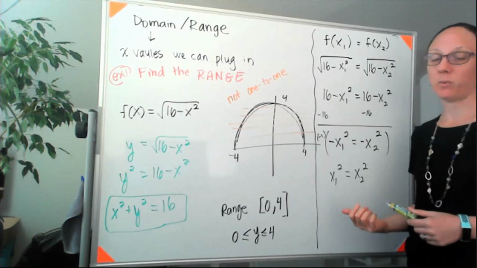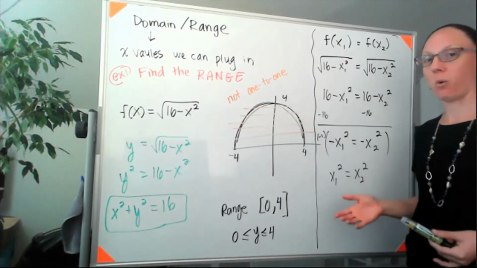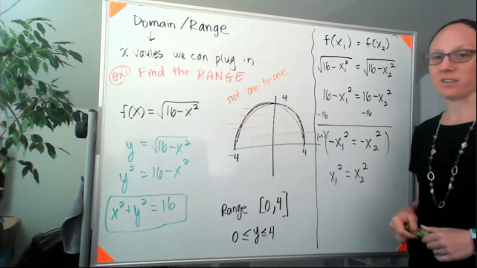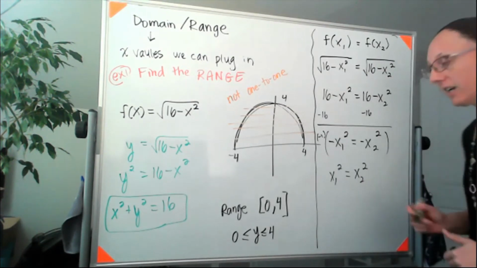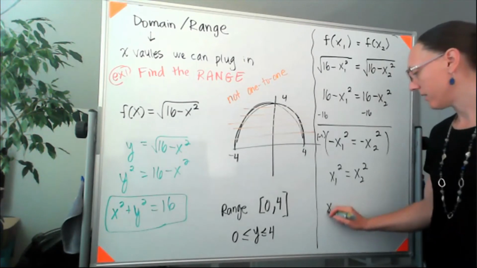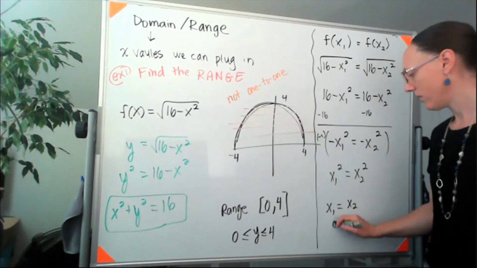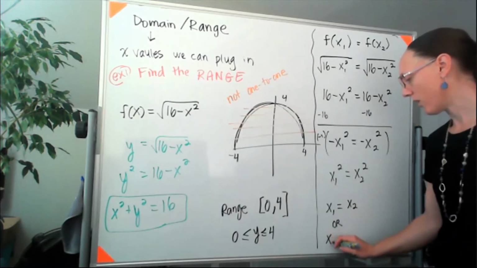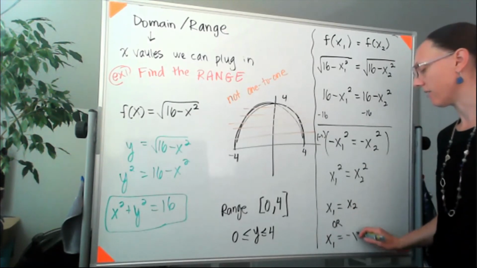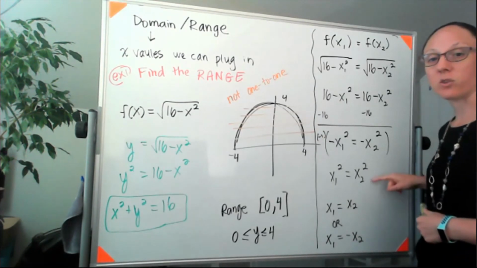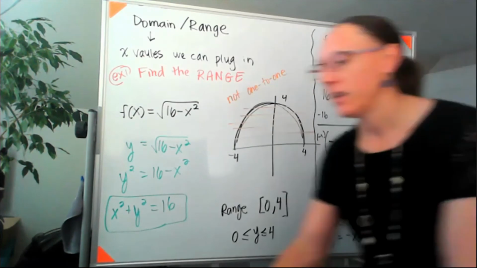And this is the point at which I can show that it's not one-to-one, because I claim there are two solutions to this. x1 could be equal to x2, or x1 could be equal to negative x2. Both of these are solutions to that equation.